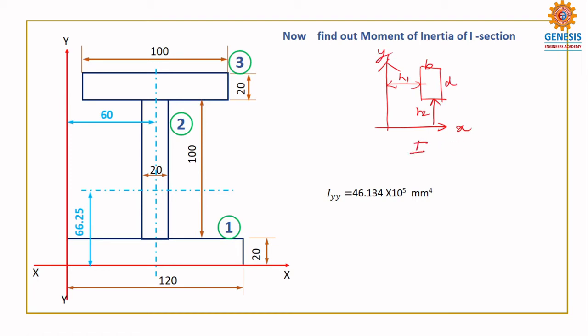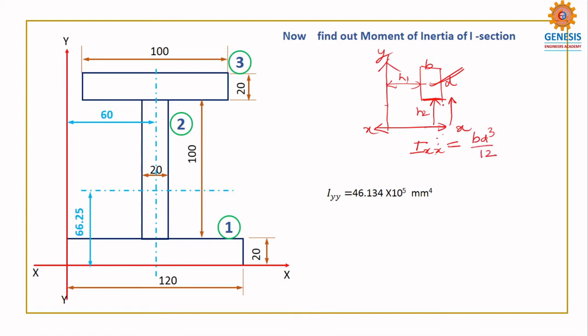So Ixx, I can also call it like this. Ixx is not touching the reference axis. So I am going about the x-axis now, and the first dimension is B, so it is BD cube by 12.